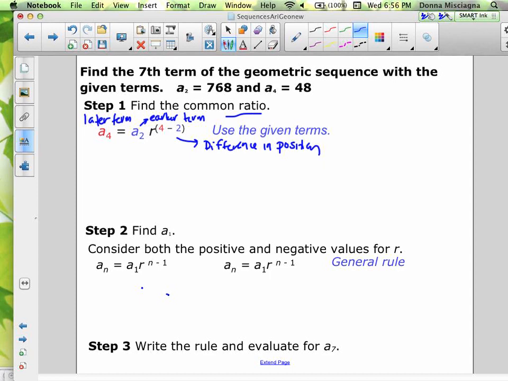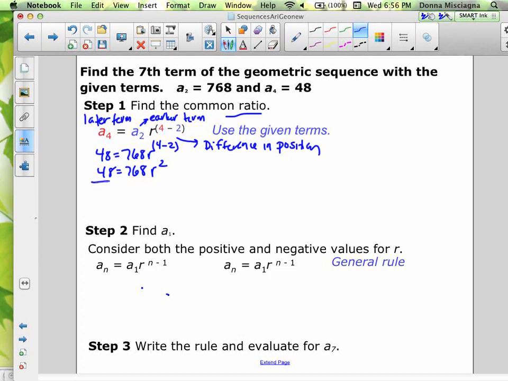All right, so A4 was 48. So 48 equals 768 times R to the 4 minus 2 power, which is 2. So we have 48 equals 768 R squared.